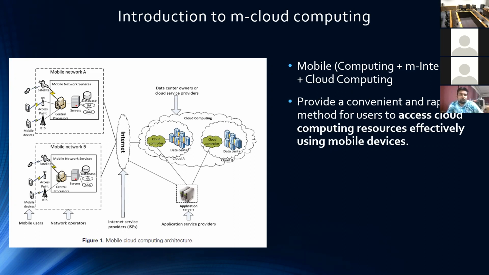That is what the figure shows, the mobile cloud architecture. The mobile networks use the internet to connect to the cloud services and use the application servers and the VM service.